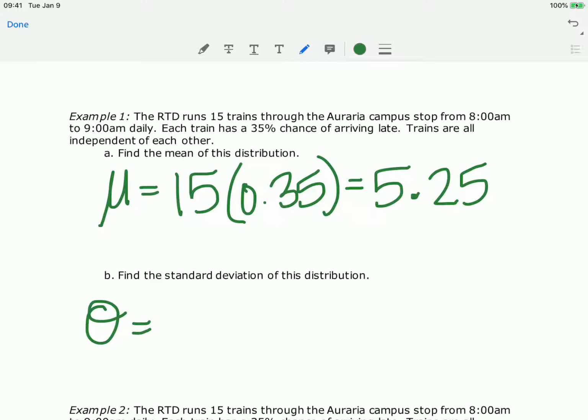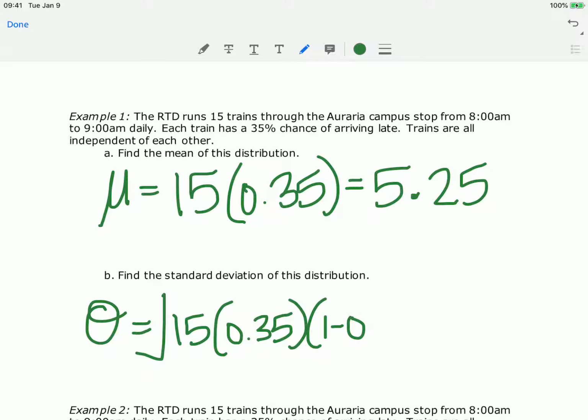And then the standard deviation is going to be the square root of 15 times 0.35 times 1 minus 0.35. And again, you can type this into your calculator exactly like this.